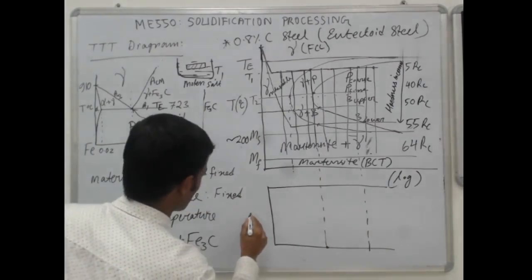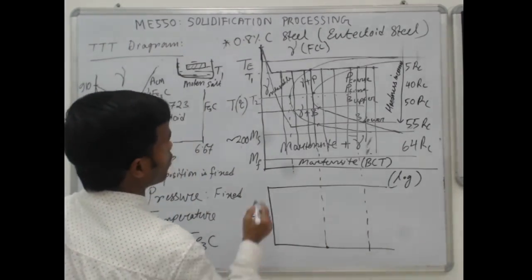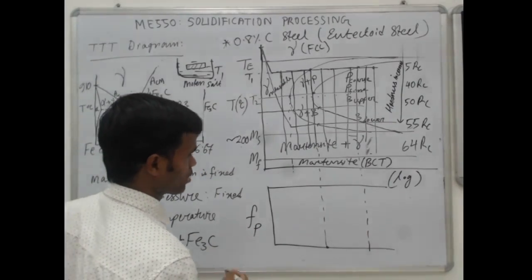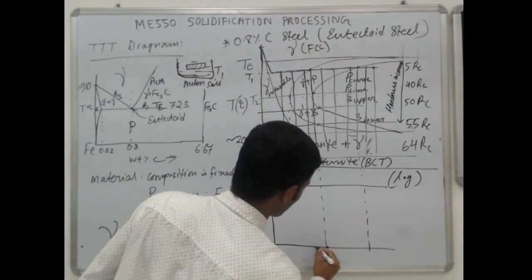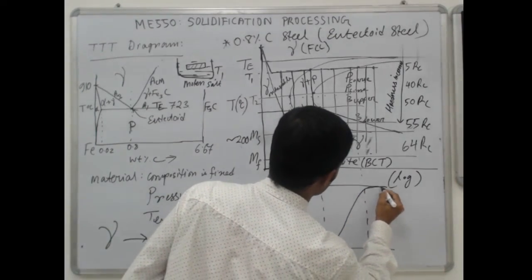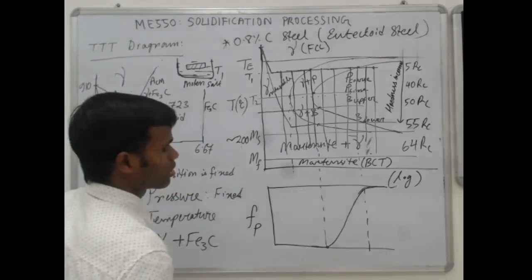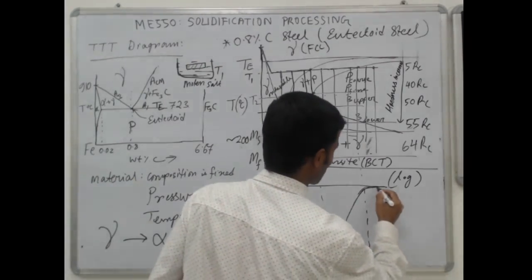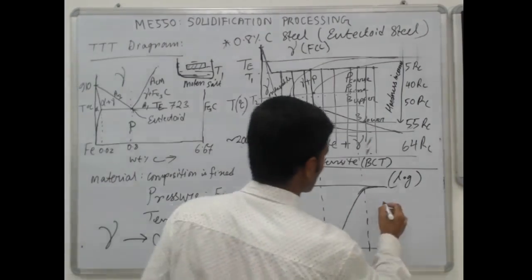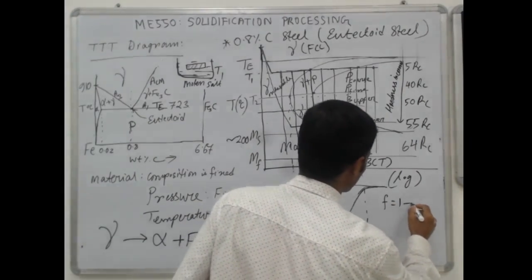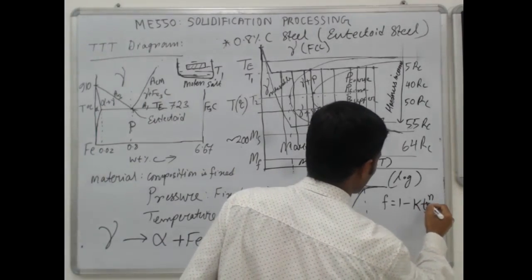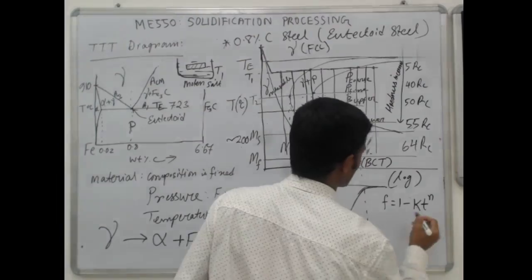Now if I draw the volume fraction of pearlite, it will change like this. This is called Avrami kinetics. It is given by the equation 1 minus f equals e to the power minus k t to the power n, where k and n are constants and t is time.